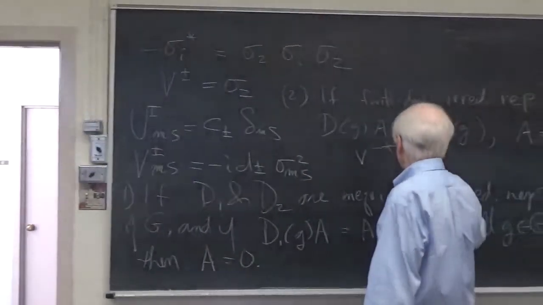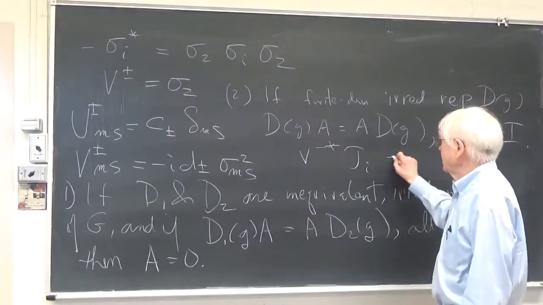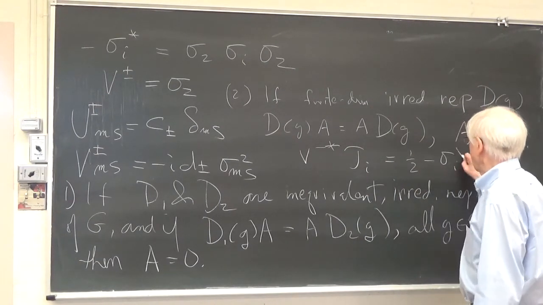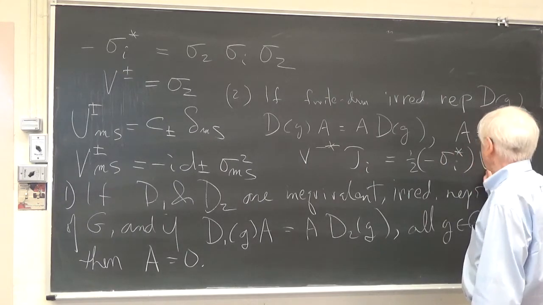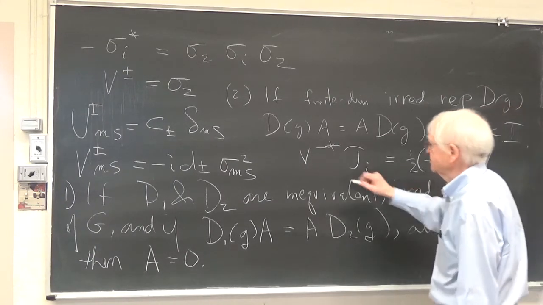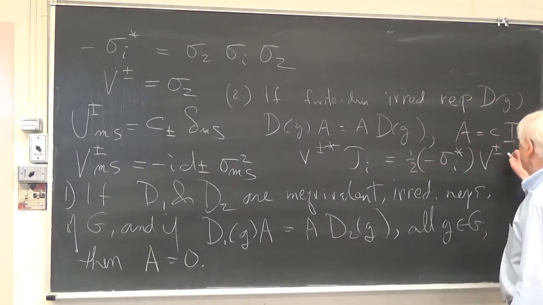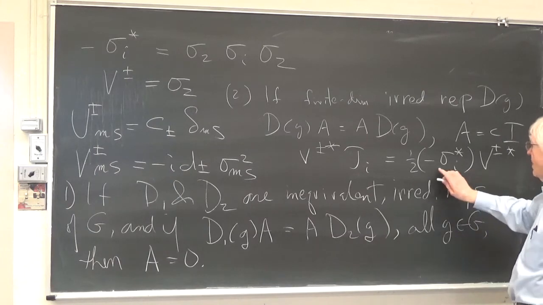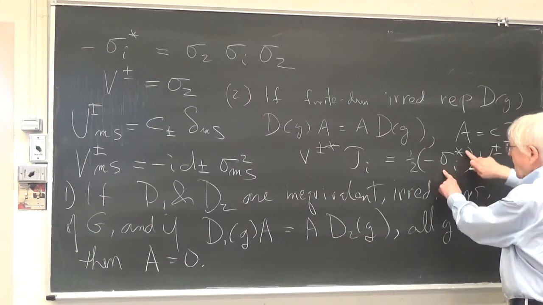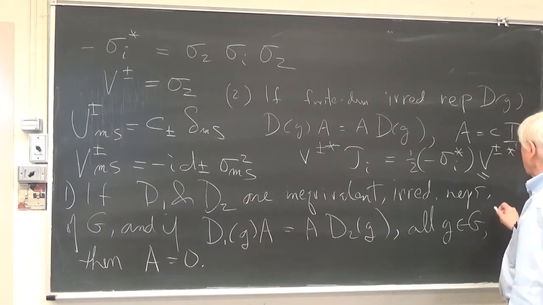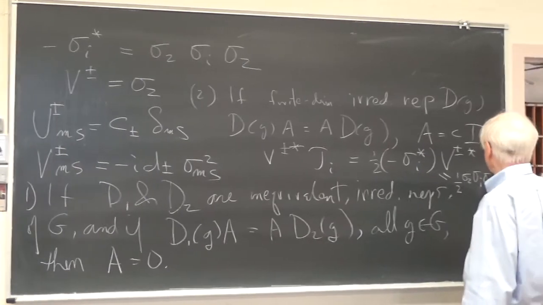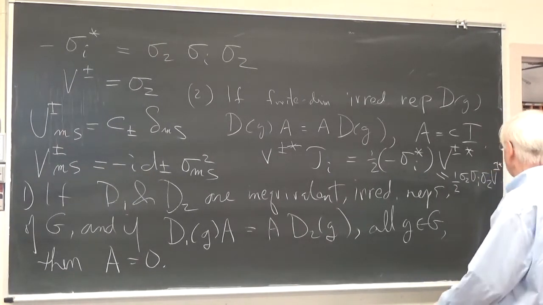Now you're going back to J i is equal to, say, minus sigma i complex conjugate V, plus or minus complex conjugate. So now what we say is that minus sigma i star is equal to a half sigma 2 sigma i sigma 2, V plus or minus complex conjugate.